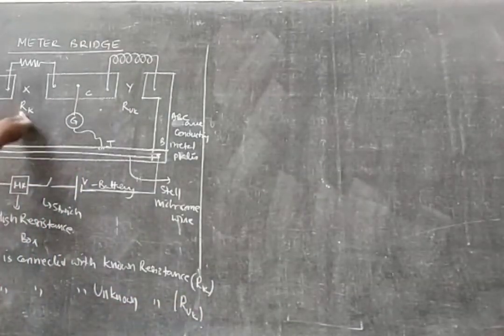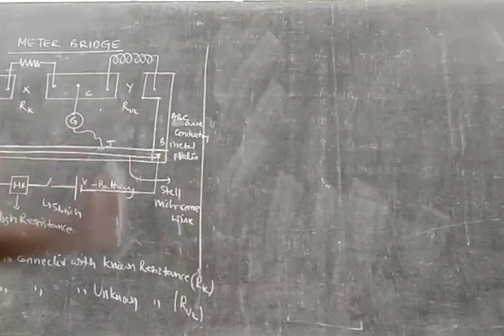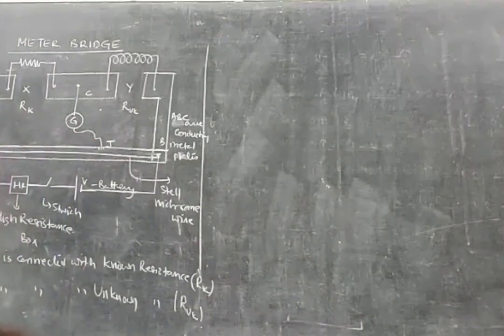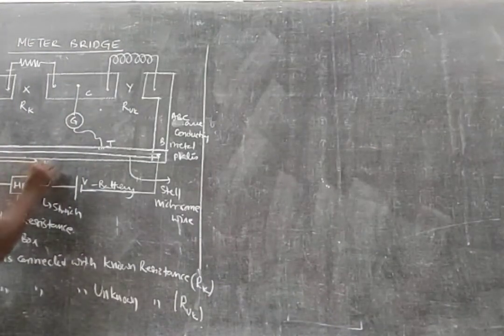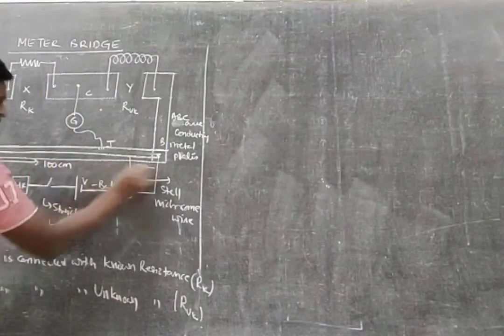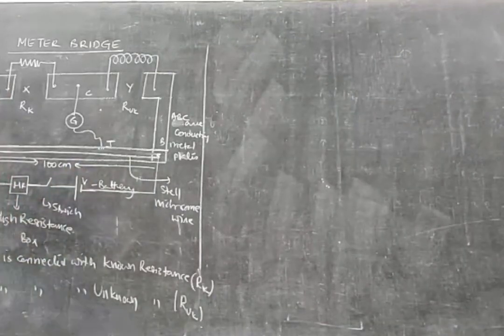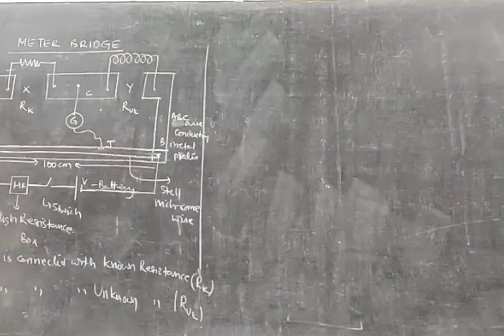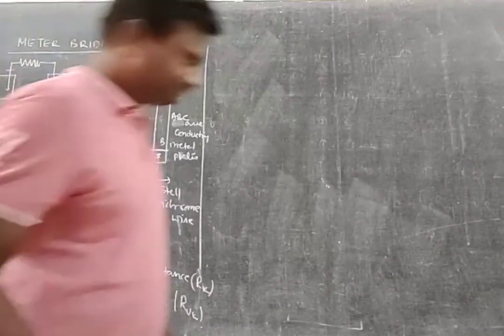Or you can go with P and R, it's up to you. Okay. So the length of the wire is how much? 100 centimeters, which is 1 meter. Hence it is called meter bridge, right?